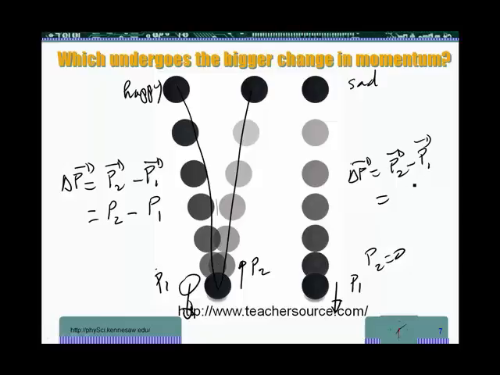So it's going to be 0, since P2 is 0, minus P1. Now, in this case, what's P2 minus P1? Remember, both of these, P1 and P2, have the same magnitude. They have opposite directions, but they are same speed and same mass, so same mv. But P1 is negative and P2 is positive.